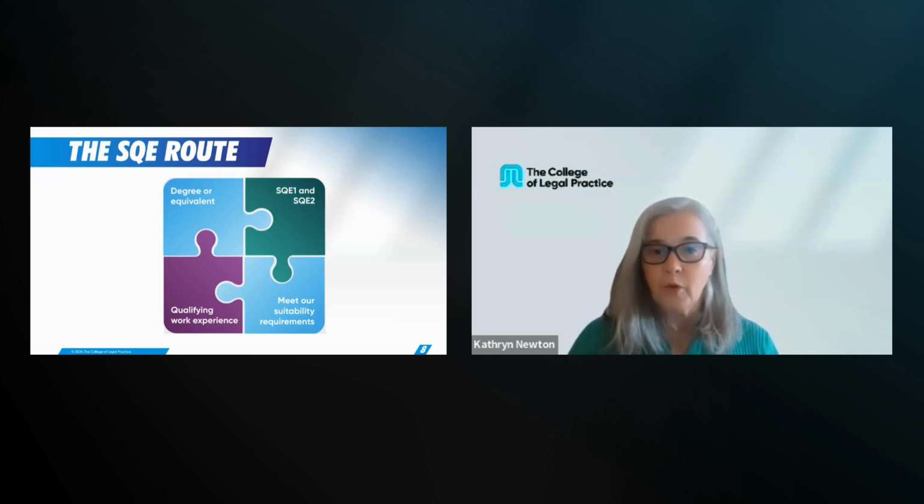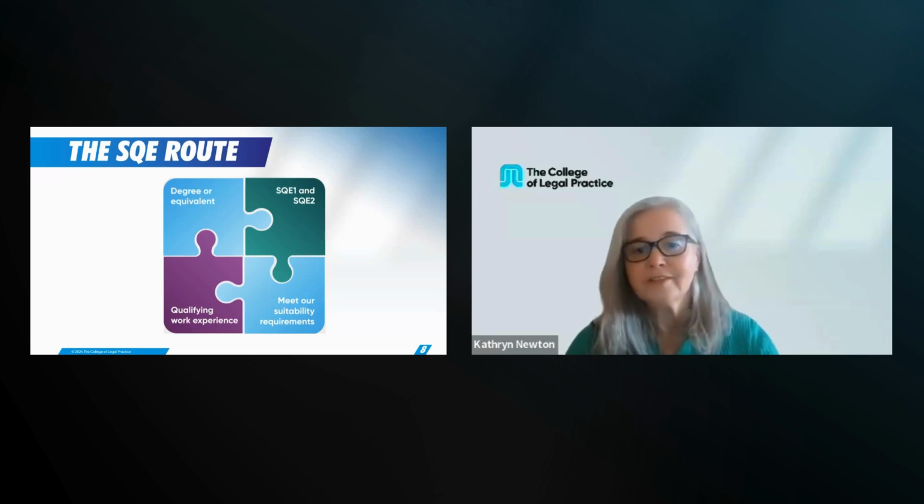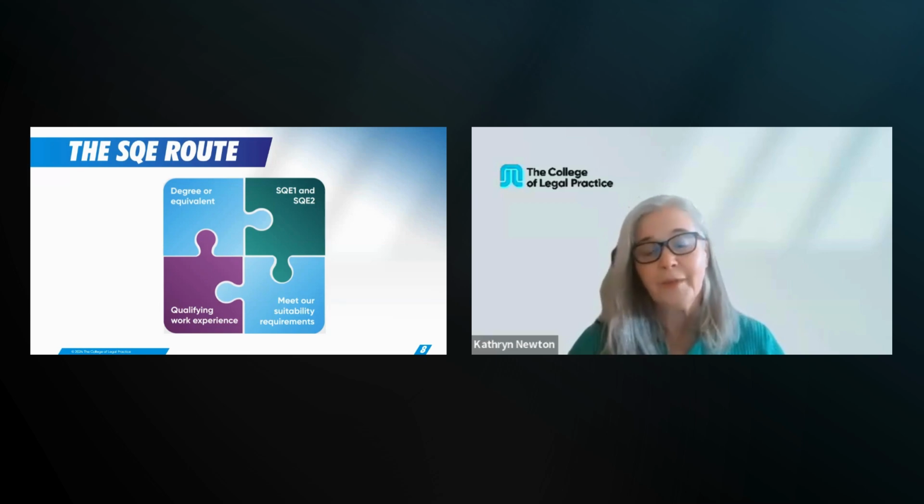Everybody will have to have qualifying work experience, and we'll talk a little bit more about that later. And then the final piece of the pathway in this qualification route is to be a person who is suitable to be a solicitor. That's unchanged from the LPC route, actually. That requirement for suitability has always been there.